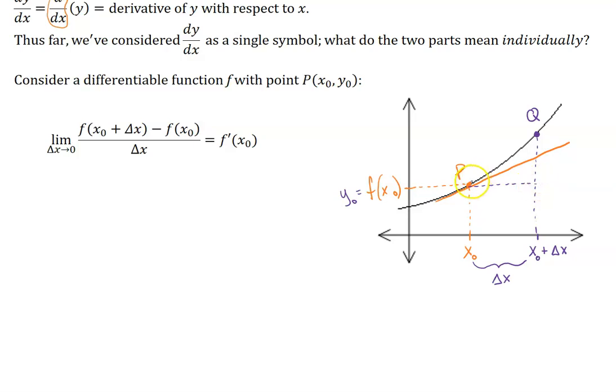So the change in height between these 2 points, point P and point Q, is this distance right here. I'm going to label it over on the right, actually. So this distance right here is delta y. This is not a calculus concept. This is an algebra concept. Vertical change between 2 points, change in y, we can represent with delta y.